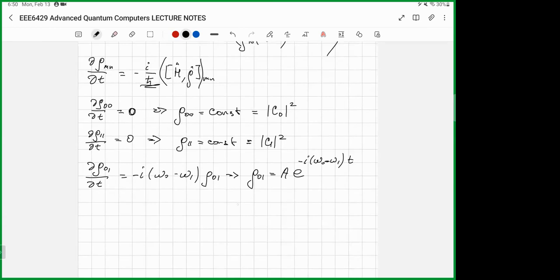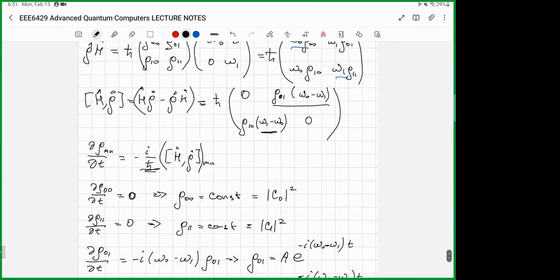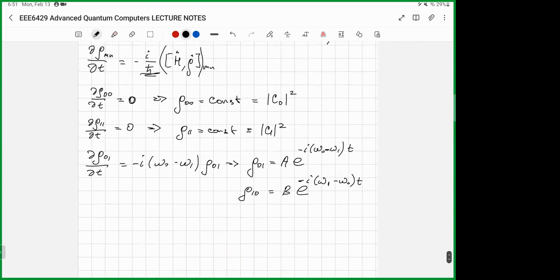And in the same way for rho 1 0, it will be another constant, of course, but the function will be the same, up to exchange of these frequencies, omega 1 minus omega 0 times t, because here it appears with opposite sign.